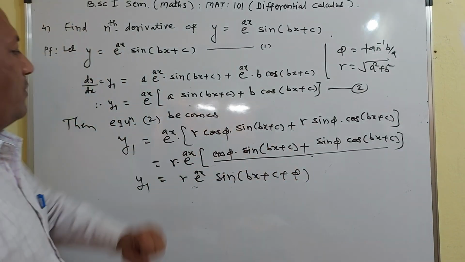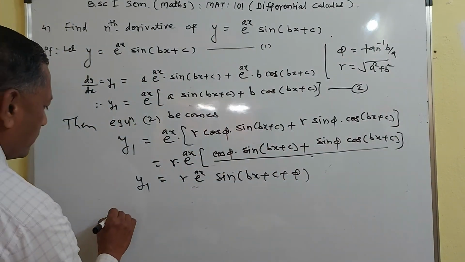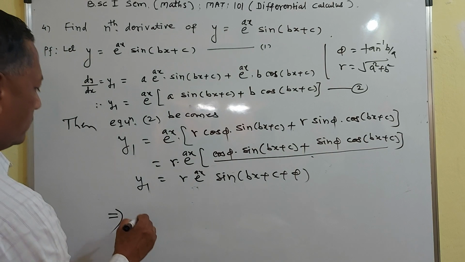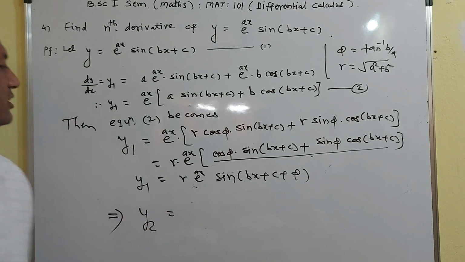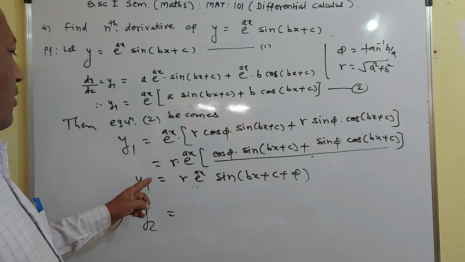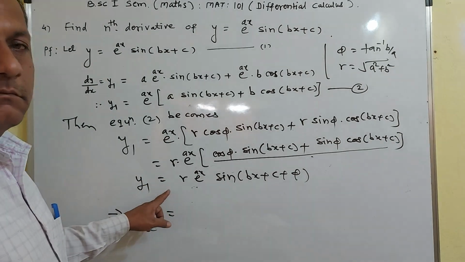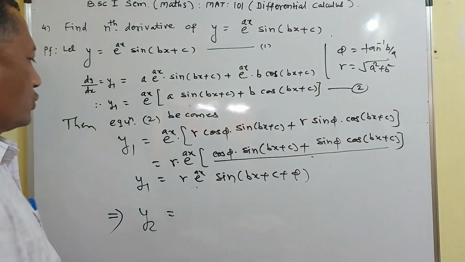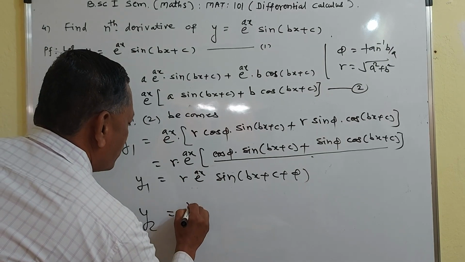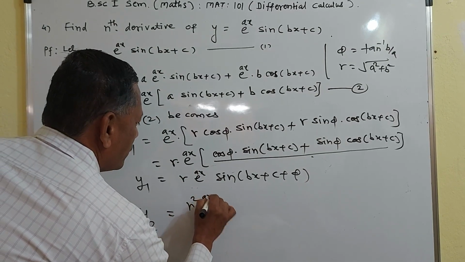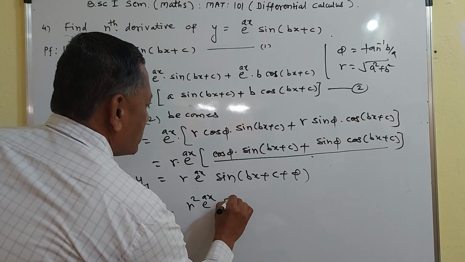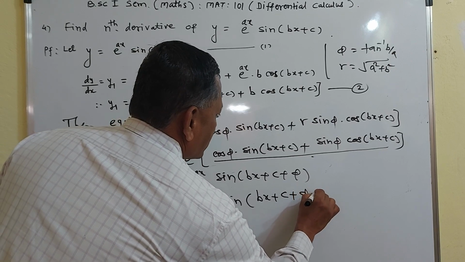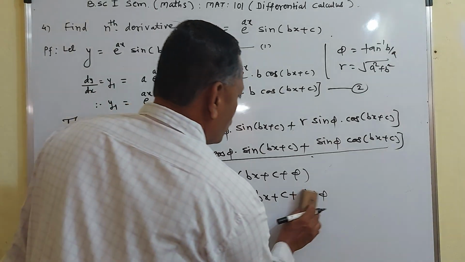Now from this, you differentiate again and obtain y2. y2 is obtained from y1 by multiplying by r and increasing bx plus c plus phi by phi. So we get r square into e raised to ax into sine of bx plus c plus 2 phi.